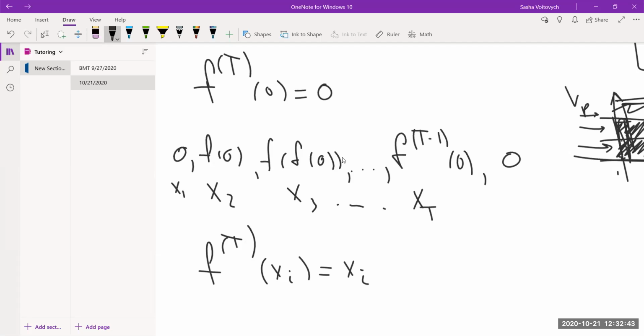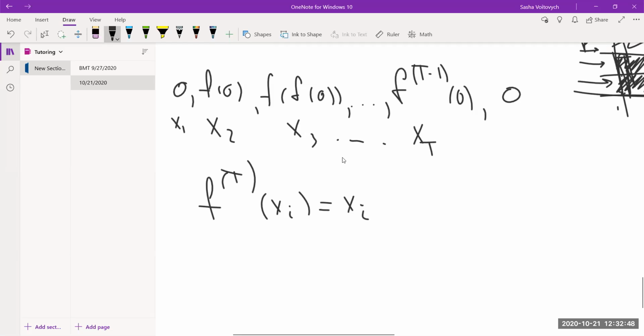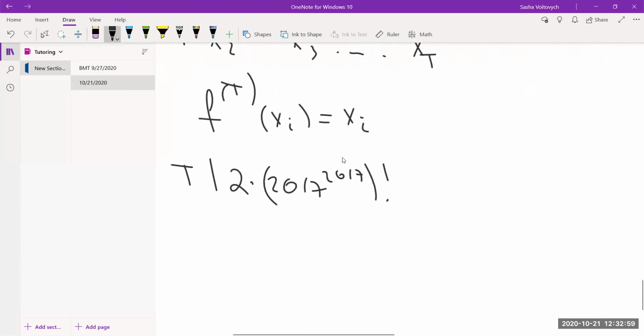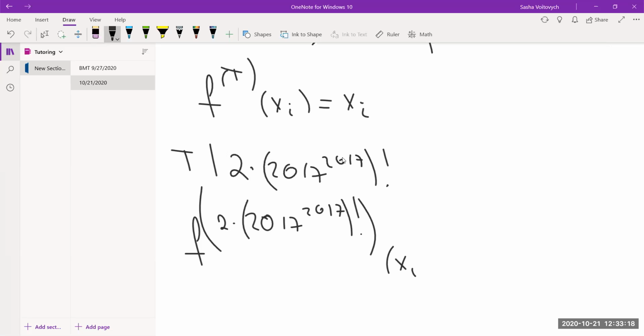Then we know that because t divides 2 times 2017 to the power of 2017 factorial, we know that f to the power of 2 times 2017 to the power of 2017 factorial of xi is equal to xi.